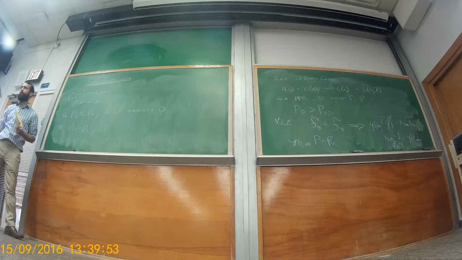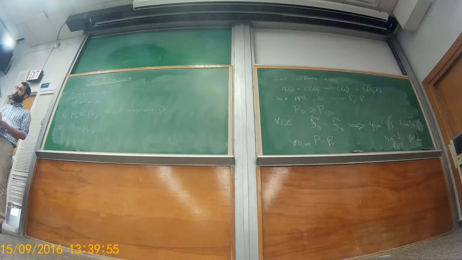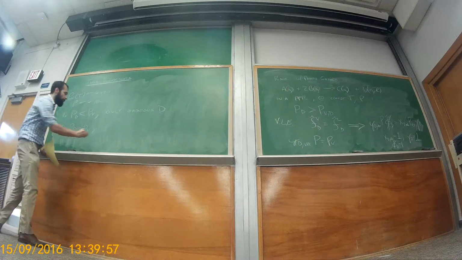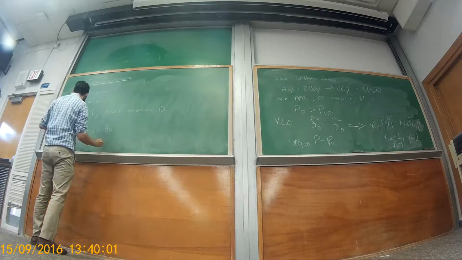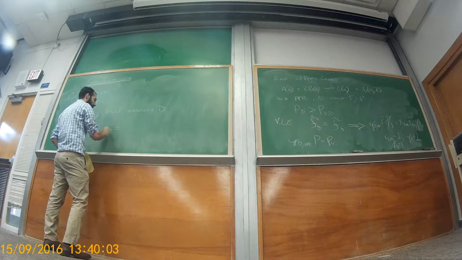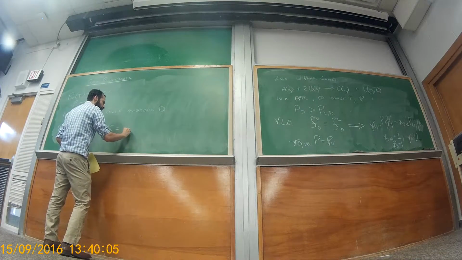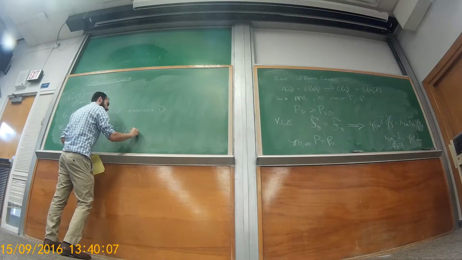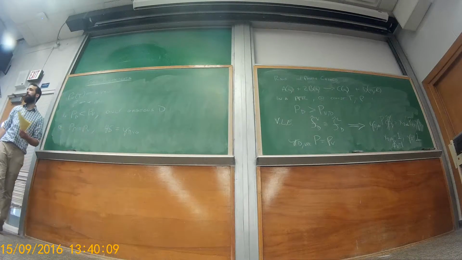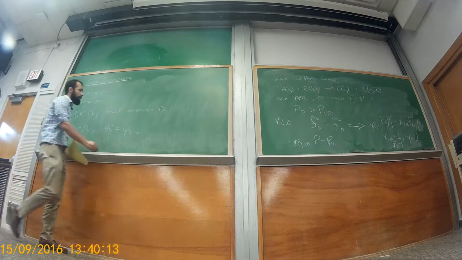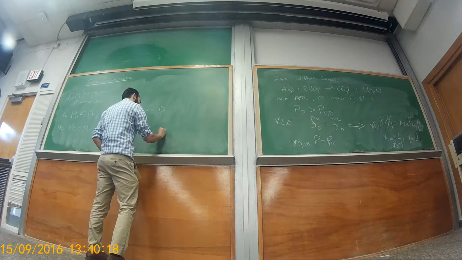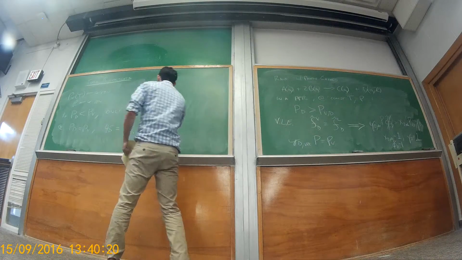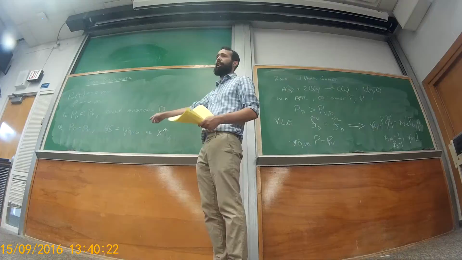What's true about the vapor here? If I'm at that vapor pressure, then the mole fraction of D is equal to the mole fraction of D at vapor-liquid equilibrium. And as x increases, what happens here? Does this change?